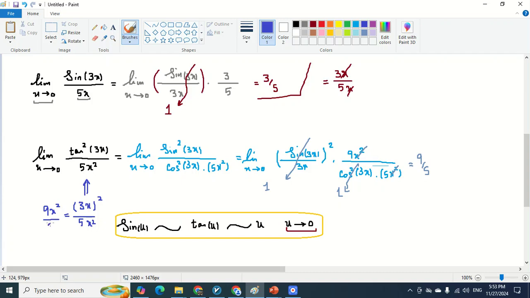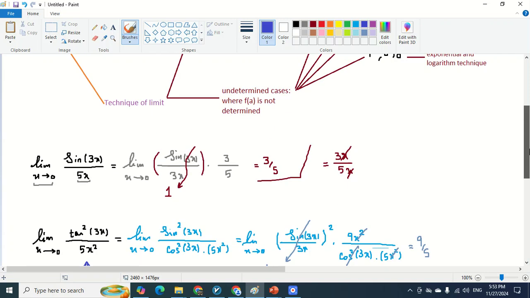After cancelling x square from both numerator and denominator, the result will be 9 over 5, as we found in that case as well. So this is the case that we have for the limit of sine and tangent of x, where x is tending to the point 0.